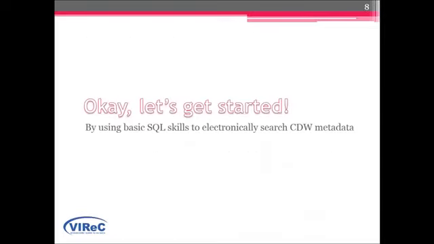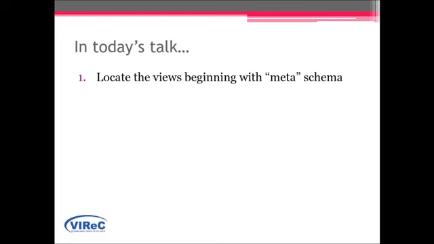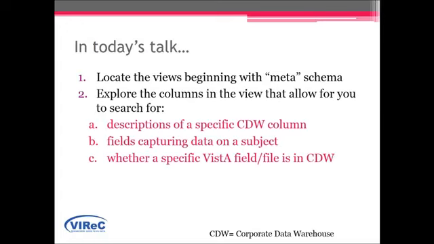Okay, so let's get started looking at how to query CDW's metadata views. We'll start first by finding the views themselves. They all begin with the same schema, which is META, for metadata. Then we'll go through examples of how to find information on a specific CDW column that you're trying to use, and let's say you're not sure what it means.